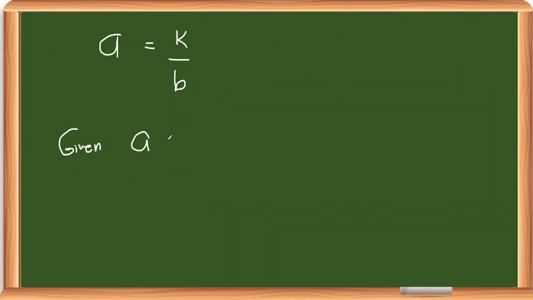So given that A is equal to 3 over 4. Okay, so since A is equal to 3 over 4, therefore, and it is equal to K over B, which is equal to, the constant is 2 over B. So, therefore, yung B mo therefore rito is equal to 2 over 3 over 4.